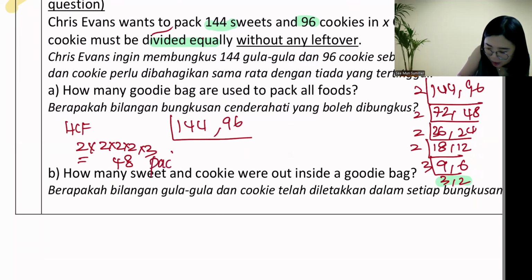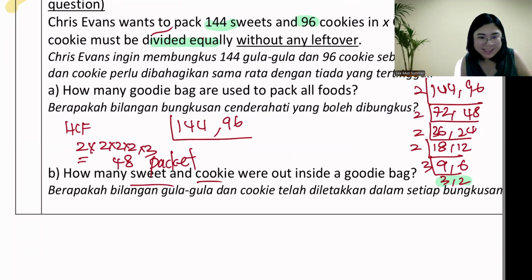And then they ask, how many sweets and cookies were inside the goodie bags? The amounts 144 and 96 can all be divided equally into 48 small goodie bags. Since I know it's 48 goodie bags, one goodie bag has how many sweets and how many cookies? How do I find it? Yes, correct.